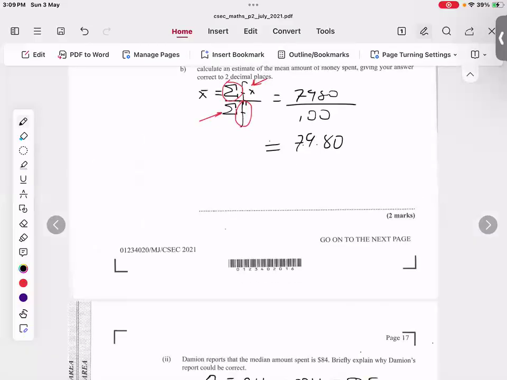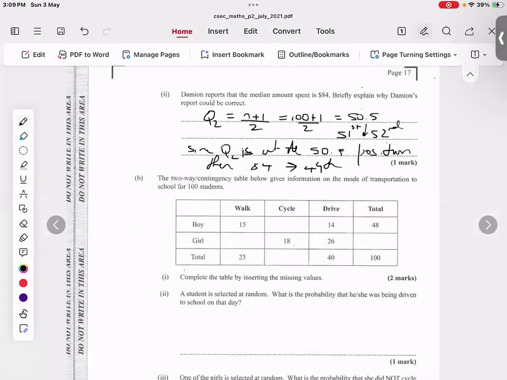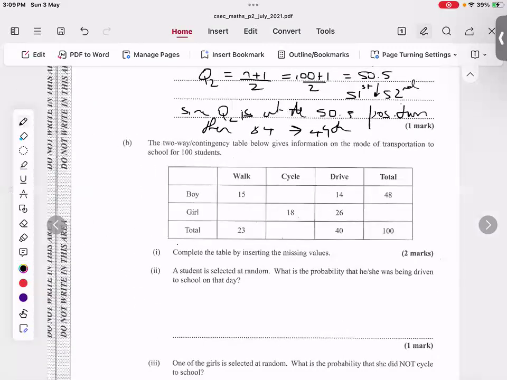All right, and that is it for that question. The two-way contingency table below gives information on the mode of transportation to school for the 100 students. Let us see if we can understand the table. We have boy, girl, and total.